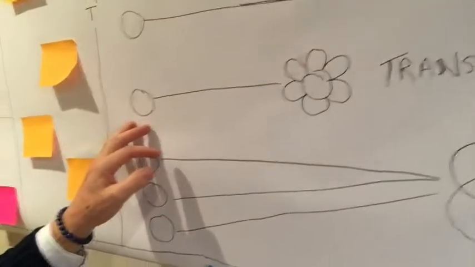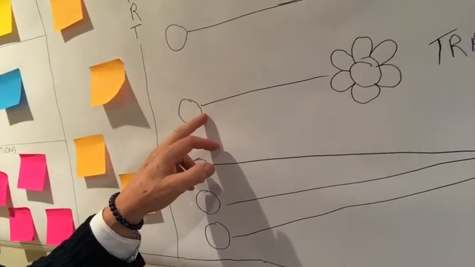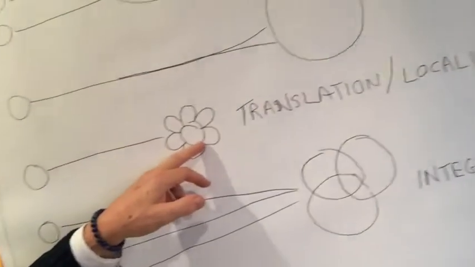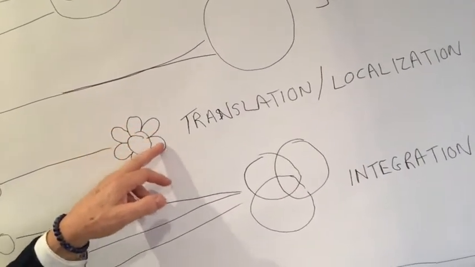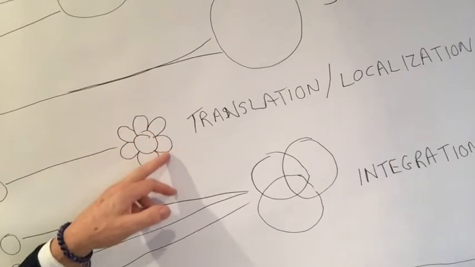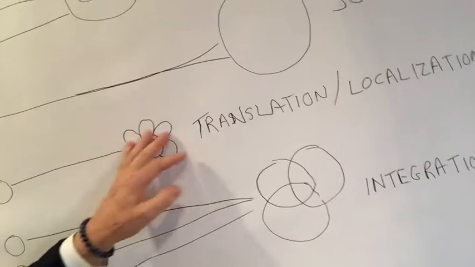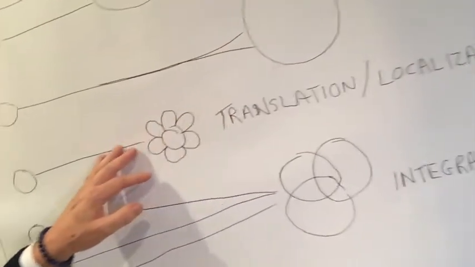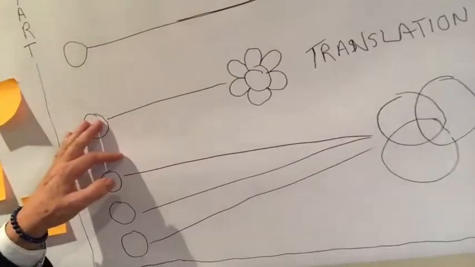The fourth example here has a starting point of a resource, but then recognizes that it might need to be translated or localized for it to be optimal for use in a particular setting or geography. So this collaboration would be one that focuses on the translation and localization of initiatives and resources around different regions or parts of the world.